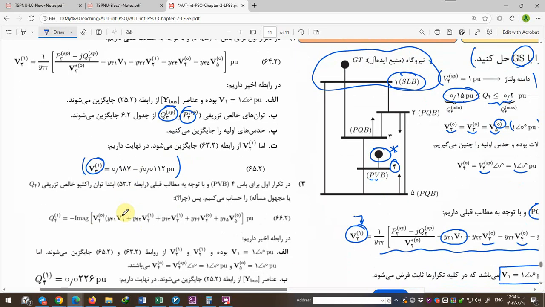But V4 is not needed to calculate. V4 is fixed, and it is 1 per unit, the magnitude of V4. The angle of V4 is unknown.